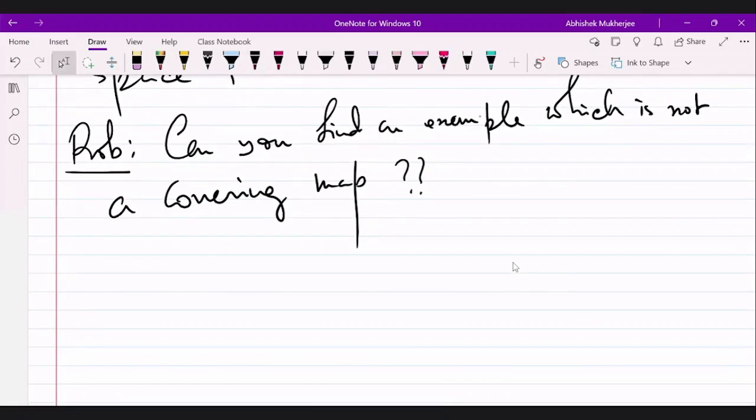I'm just giving that, so this is a very nice example actually. We have already seen that the covering space of S1 is R, right?